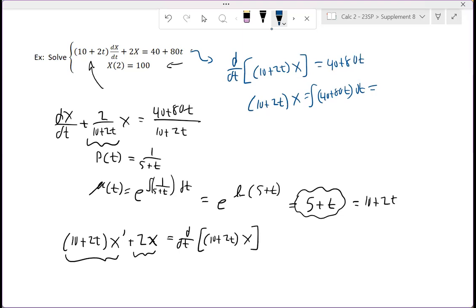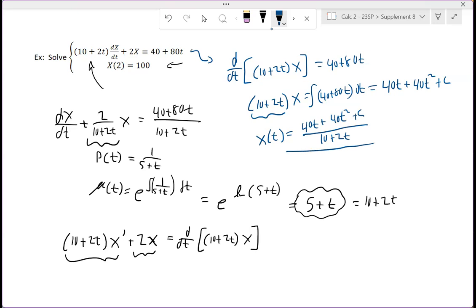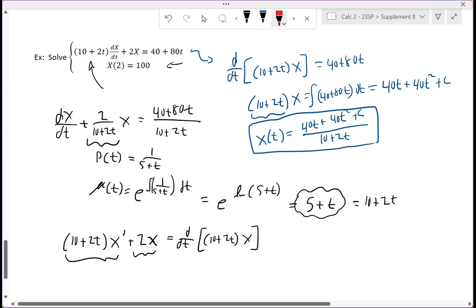That integral on the right-hand side is going to be 40t plus 40t squared plus c. And then I can divide through by 10 plus 2t. That's the solution to my differential equation.